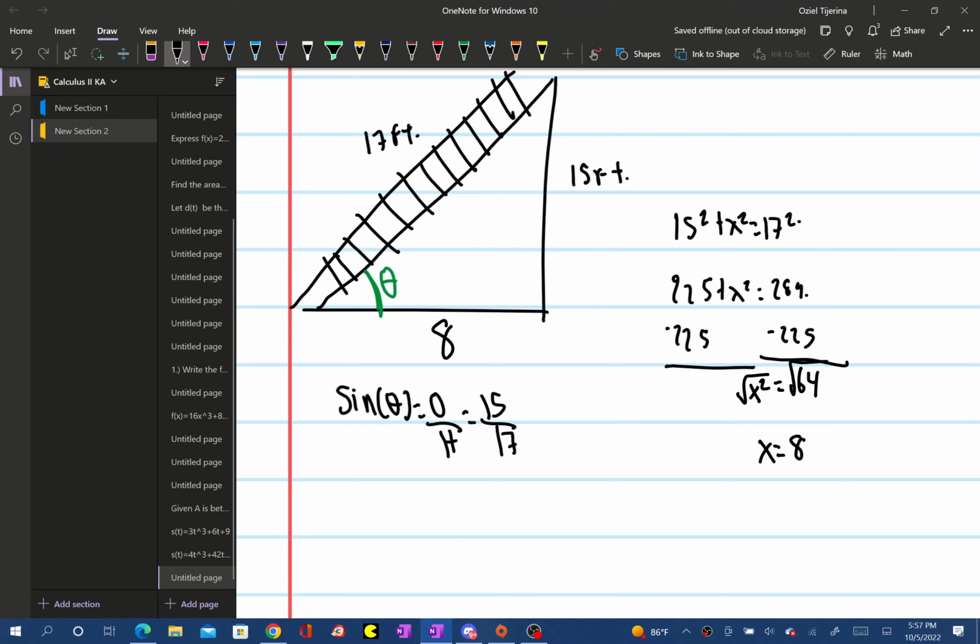Let's see what else. What is the degree measurement between the ladder and the ground? So that would be tan of theta is 8 over 17.